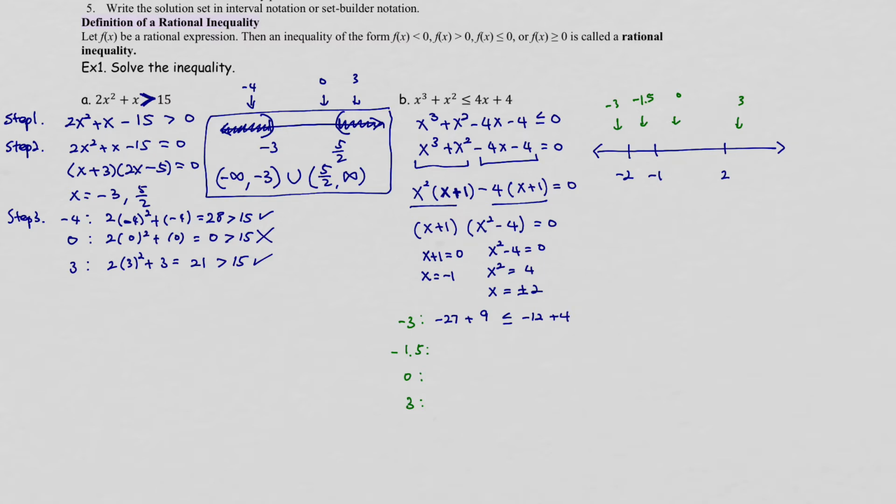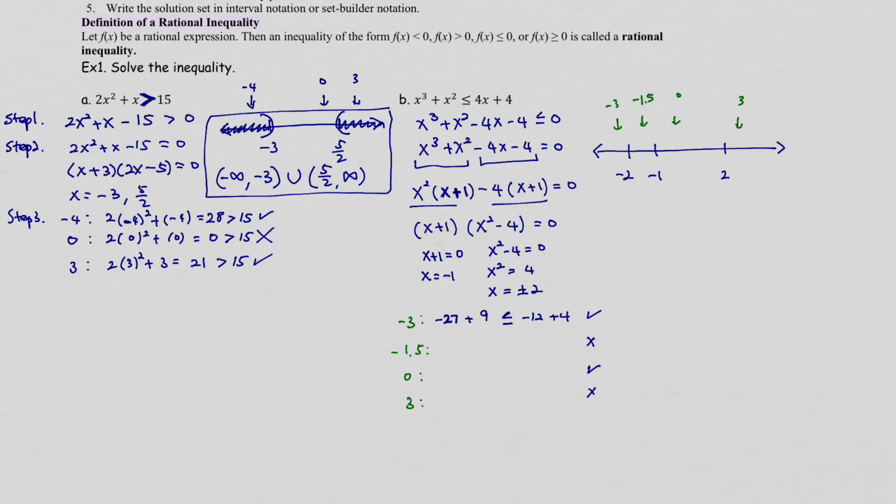And obviously, a bigger negative number should be smaller. So this works out, right? It means this should not work out, and that works out, and that should not work out. But I'm going to prove it by plugging in the points, right?